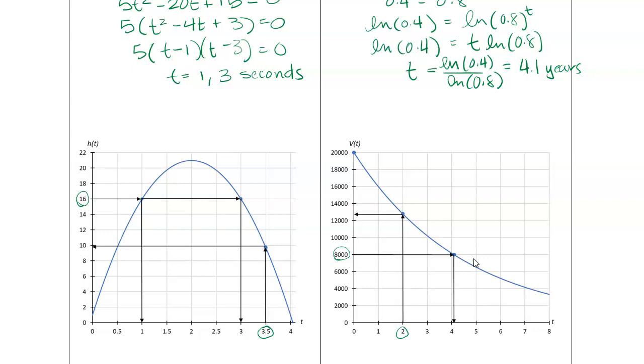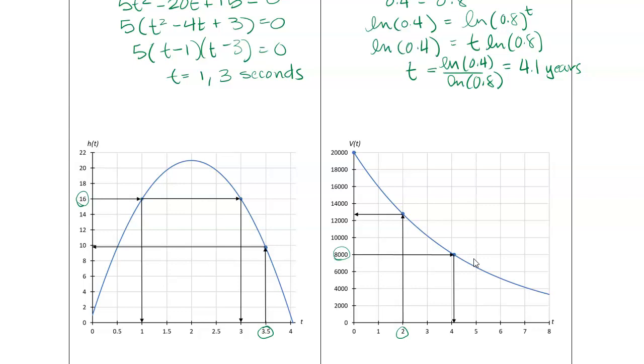I'm basically swapping the input and the output, so if I give it a value for the value of the car, I have one and only one time that corresponds to that value.